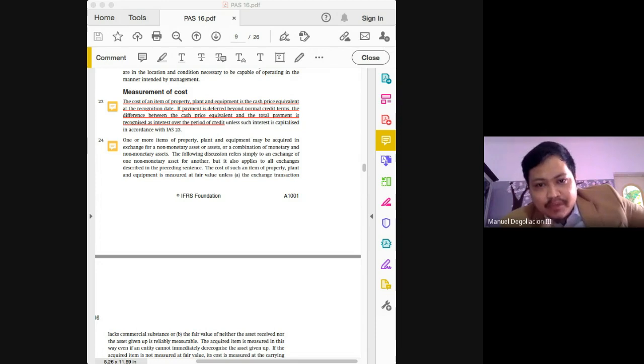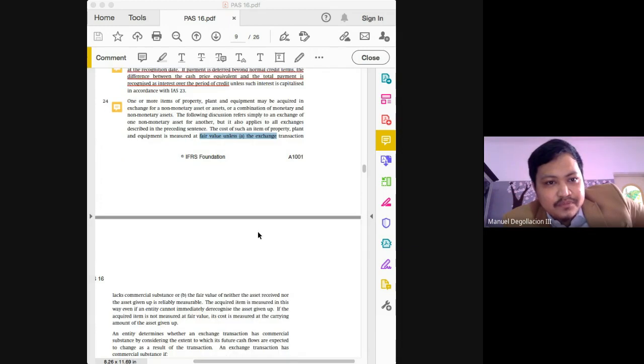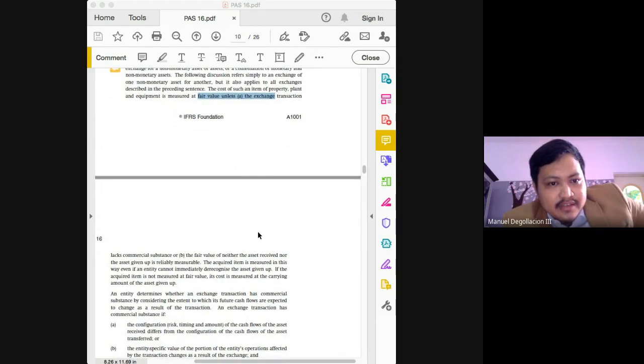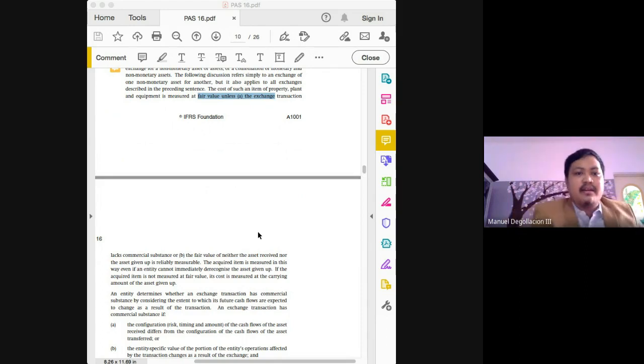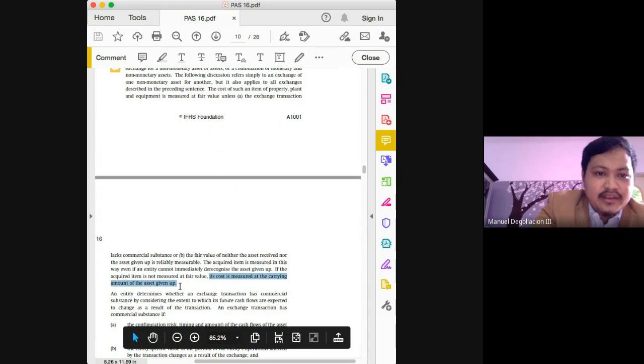But paragraph 24 tells us, class, that the rule is to measure it at fair value, unless the exchange transaction lacks commercial substance or the fair value of neither the asset received nor the asset given up is reliably measured. And in this case, the cost is measured at the carrying amount of the asset.